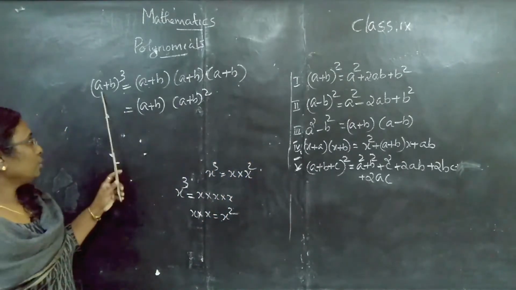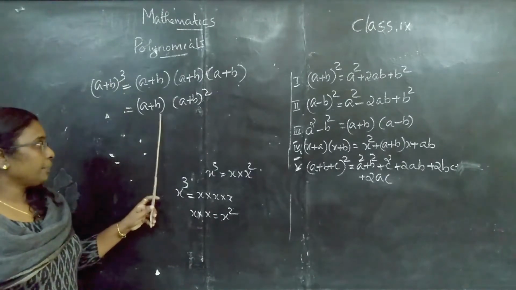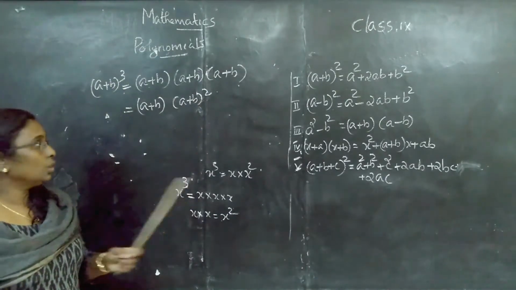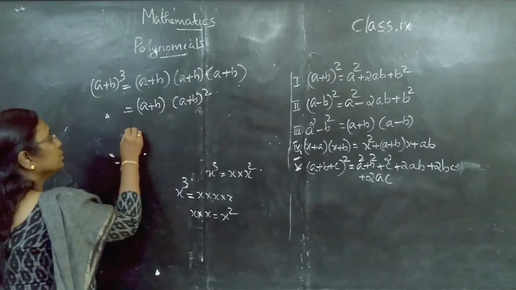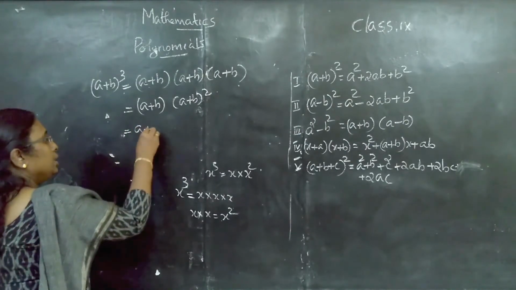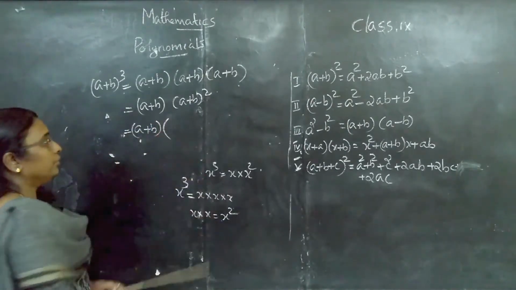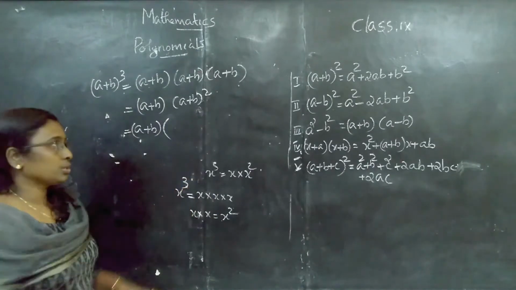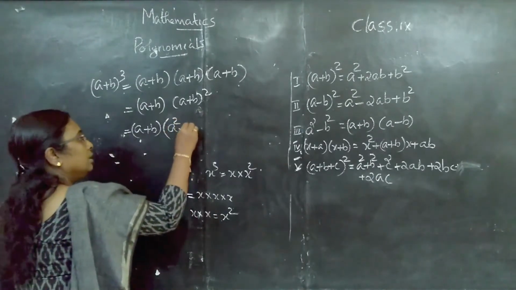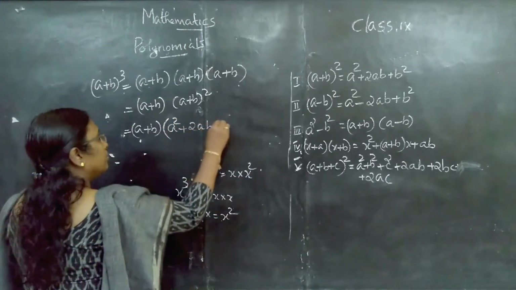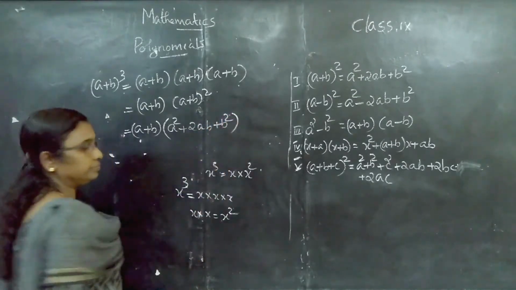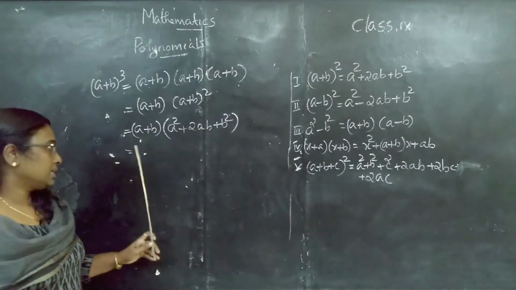So a plus b the whole cube equals a plus b into a plus b the whole square, which equals a plus b into, we know a plus b the whole square is a square plus 2ab plus b square. Then expand the bracket.